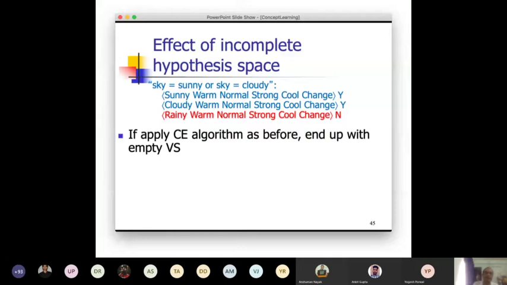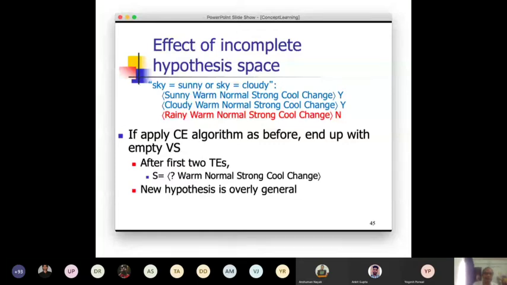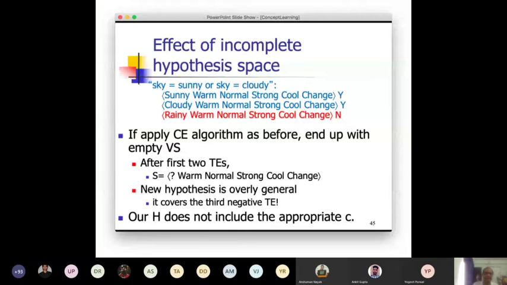After the first two training examples, you get S like this, but this hypothesis is overly general, because you assume that rainy should also be positive. Then when the third example comes, you cannot get it. Your S cannot contain any hypothesis.